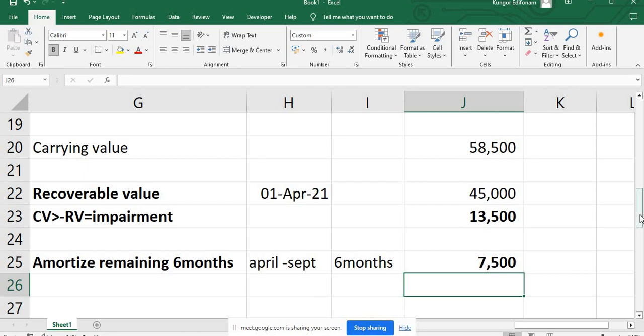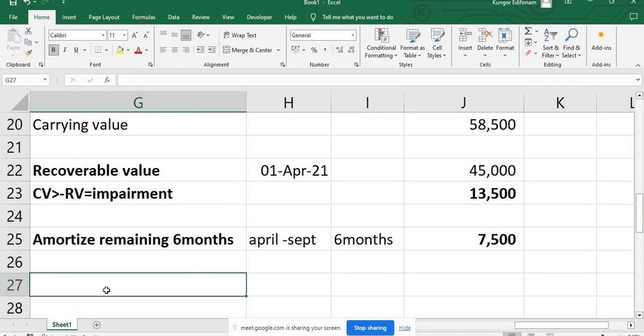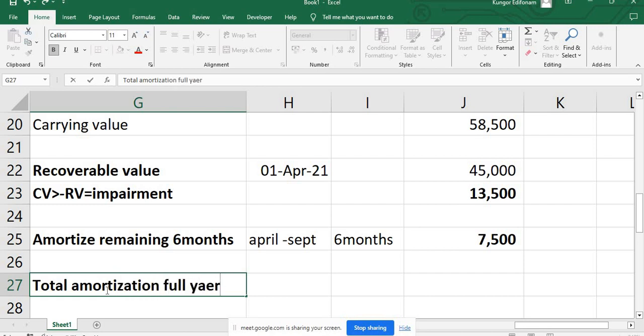So the total amortization for the full year will be the first 6 months and then the remaining 6 months.